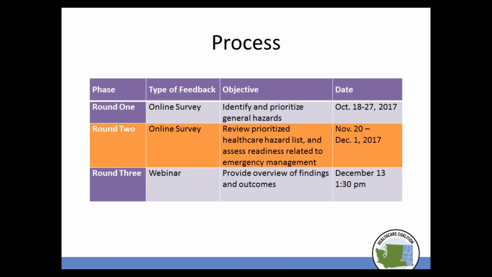Then really the process moving forward is that we're going to be doing the second round of surveys, and this second round is being expanded to include our public health and emergency management partners.